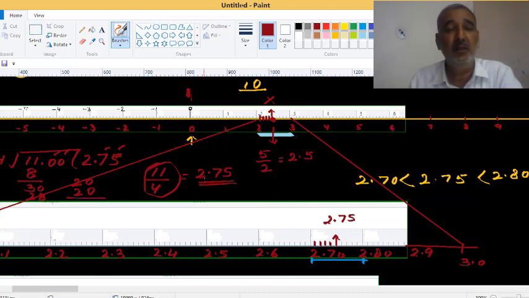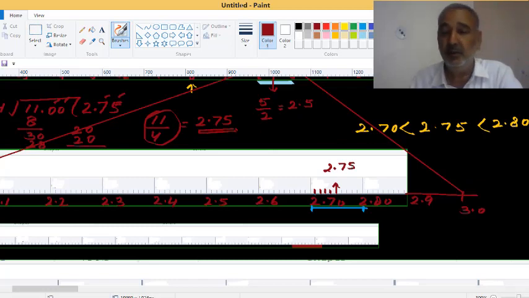But this is an easier method and a special method for magnification. Up to 3 to 4 places of decimal on a number line is prominent. So I am taking this first. Later on I will teach you how to locate 11 upon 4 directly on the number line.